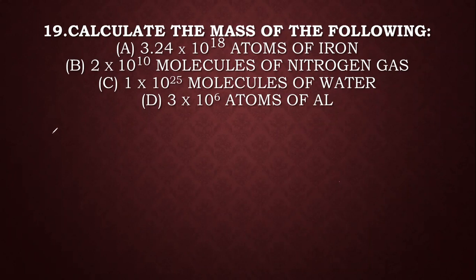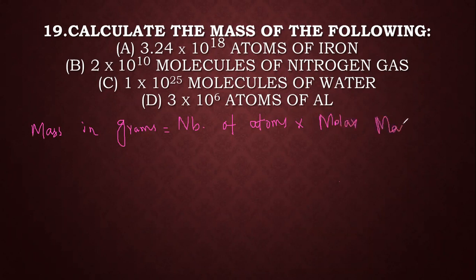The formula is mass in grams equals number of atoms multiplied by molar mass divided by Avogadro number.